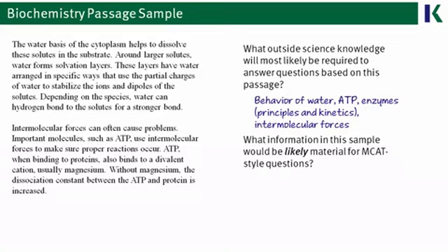So even though this passage ends up being about enzyme kinetics and how magnesium works as an inhibitor or an activator of enzymes, this passage could very easily have questions about bioenergetics because it's about ATP. It could very easily have different aspects of enzyme kinetics. It could very easily ask about intermolecular forces like van der Waals forces that aren't even mentioned in this passage at all.